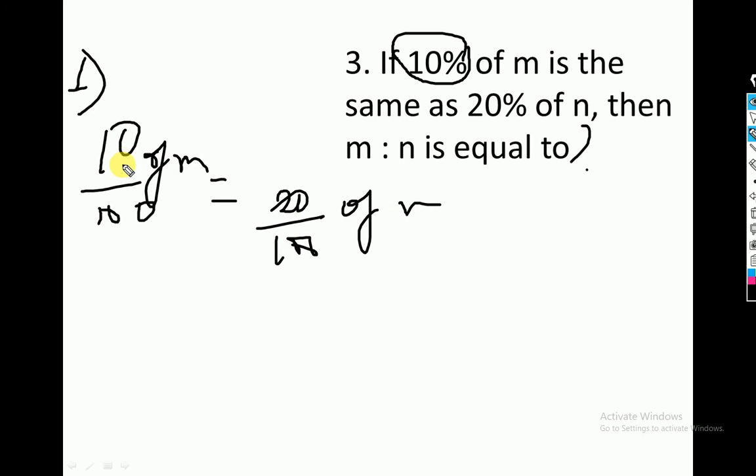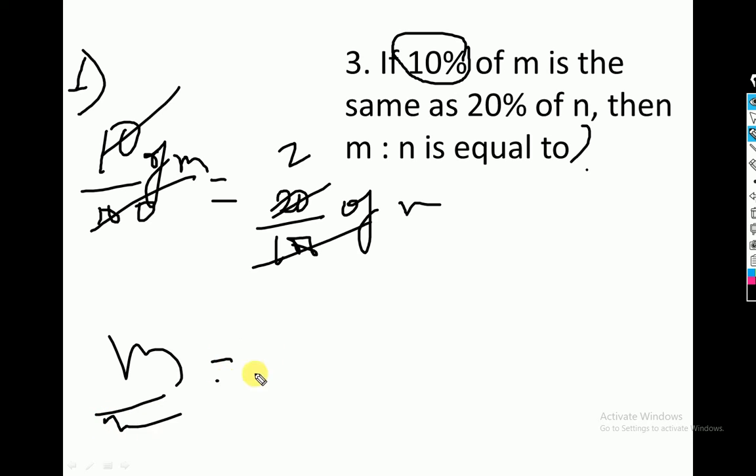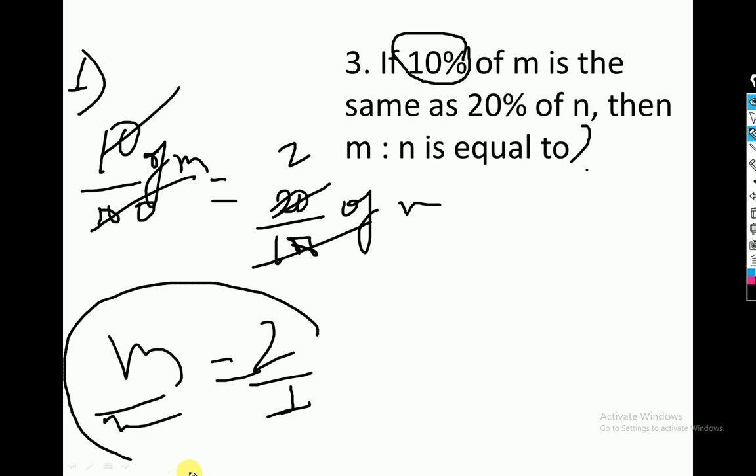You can cut 10 with 2 and the 100s go out. m by n gives you 2 by 1. So m is to n is equal to 2 is to 1.